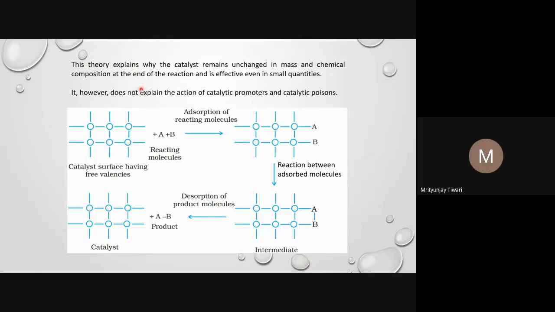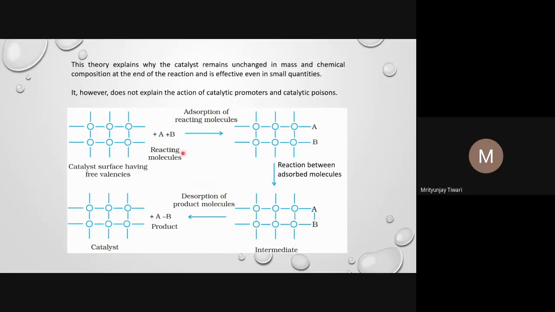So this theory, the adsorption theory, explains why the catalyst remains unchanged in mass and chemical composition at the end of the reaction and is effective even in small quantities, as it explains that the reactants first come, get adsorbed, react, form product, and desorb and go away from the catalyst. So this theory also explains why the catalyst remains unchanged during a chemical reaction.